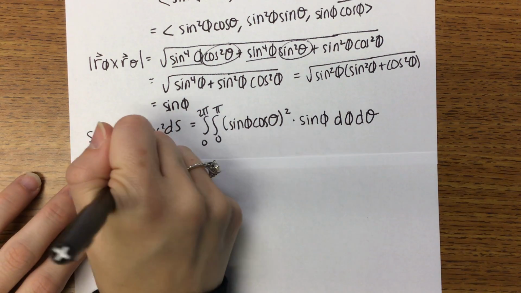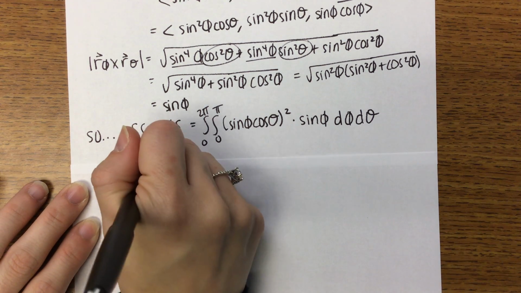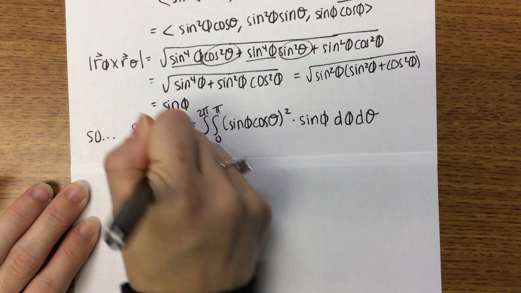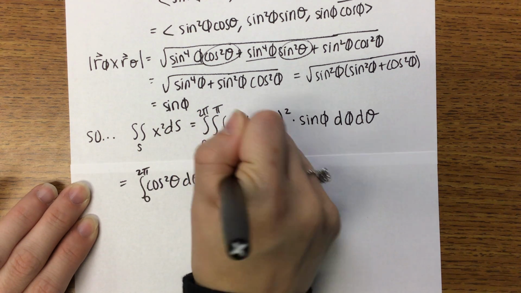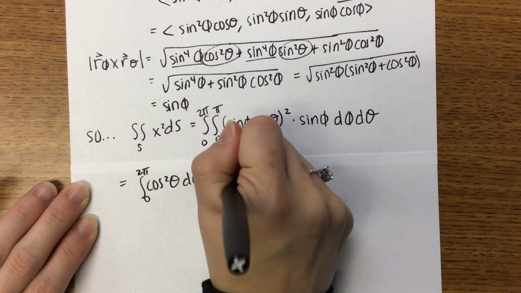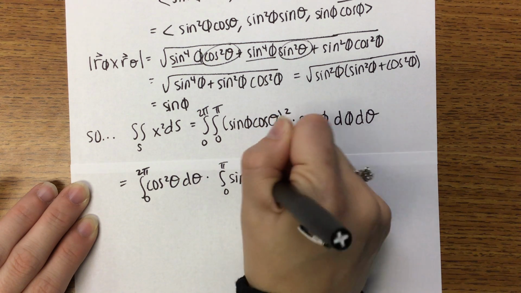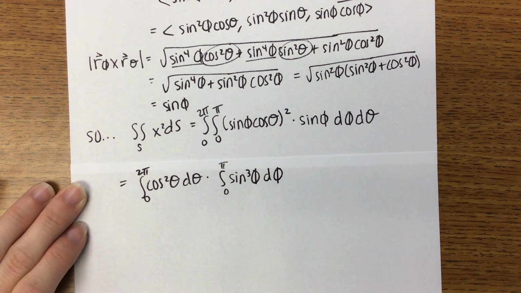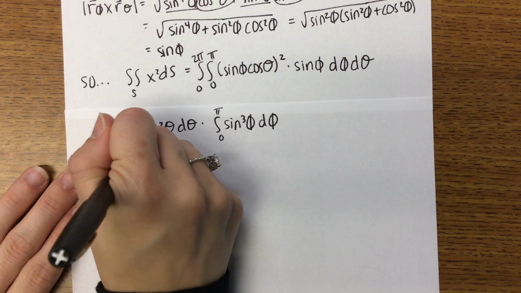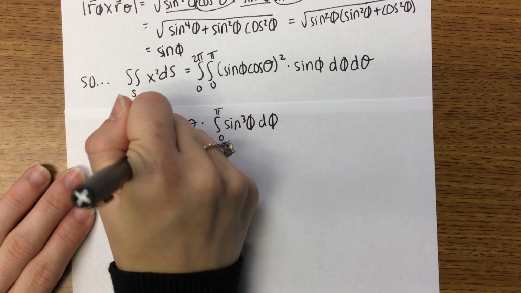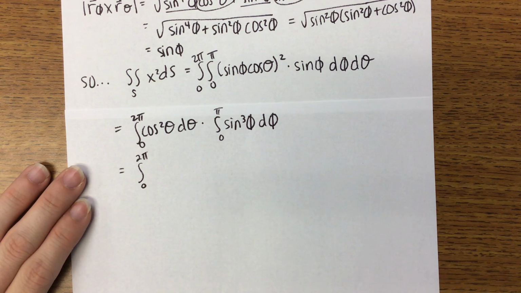Okay, we can split this up, so I would suggest doing that. We'll get the integral from 0 to 2 pi of cosine squared theta d theta times the integral from 0 to pi of sine cubed phi d phi. Okay, so that first integral, we're going to have to replace cosine squared of theta.